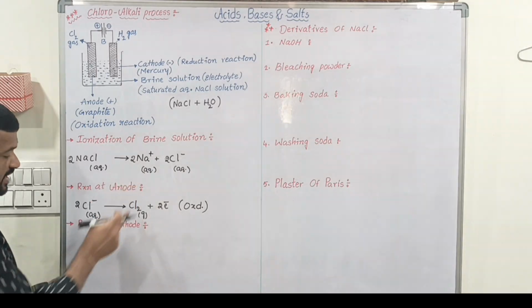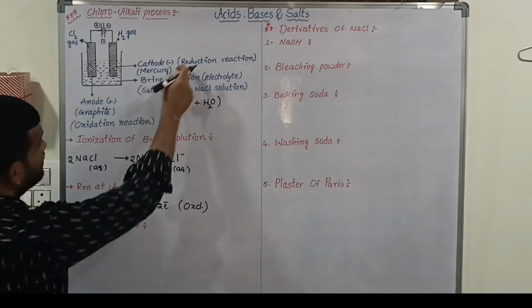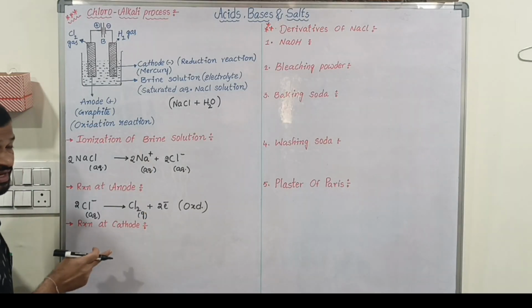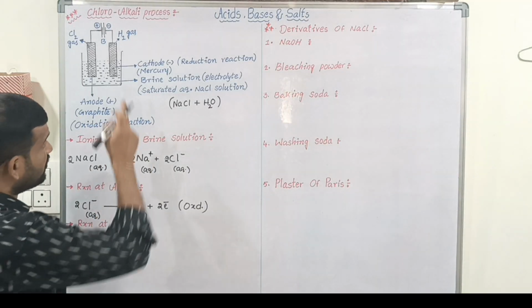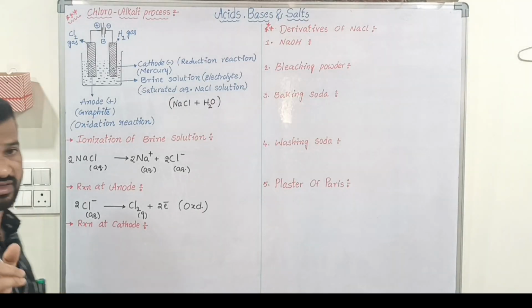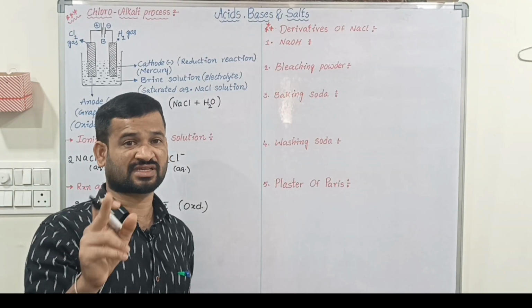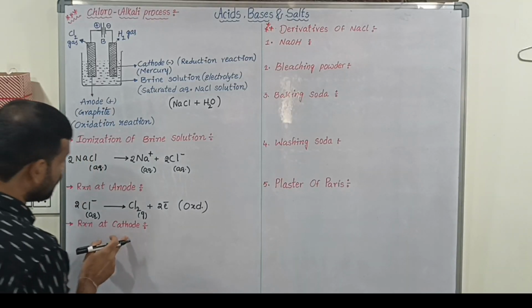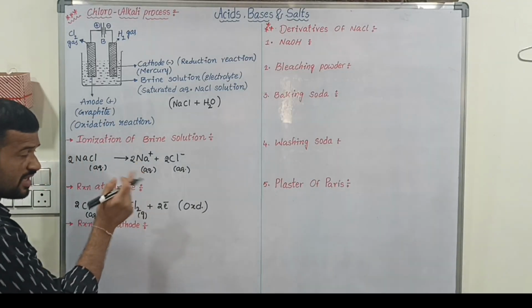Like that, here at the cathode what type of reaction takes place? That is reduction reaction, because the cathode has a negative charge. At the negatively charged electrode, what type of ions will migrate? Positively charged ions, meaning cations. Cations migrate towards the cathode, anions migrate towards the anode. So what is the cation here? Sodium ion is the cation.